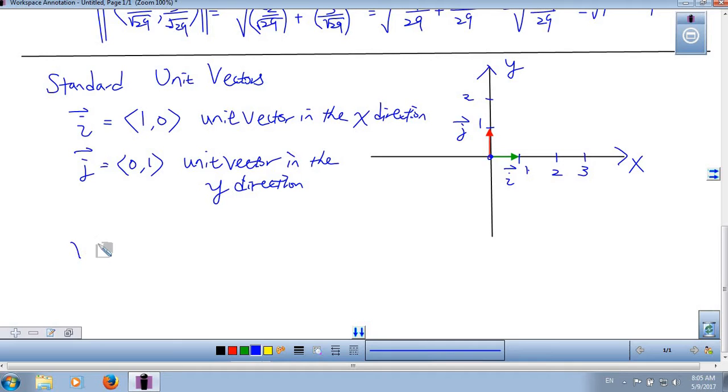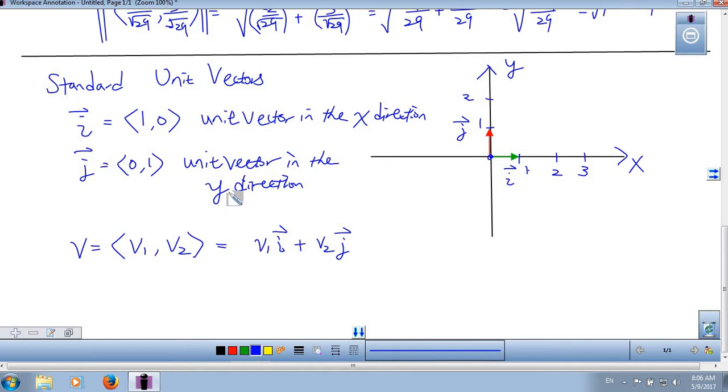For example, V, usually we say, okay, it's V1, V2, right? So V1 is the x component, V2 is the y component. So we can express this another way, as V1 I plus V2 J.